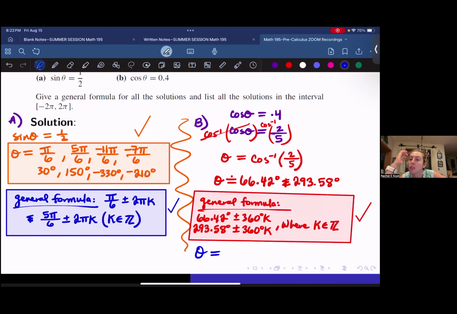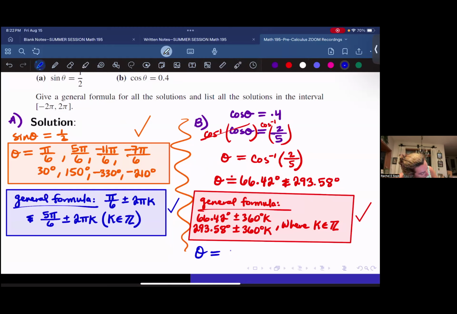And then 293.58 degrees corresponds with the negative 66.42, and the 66.42 degrees corresponds with negative 293.58 degrees.